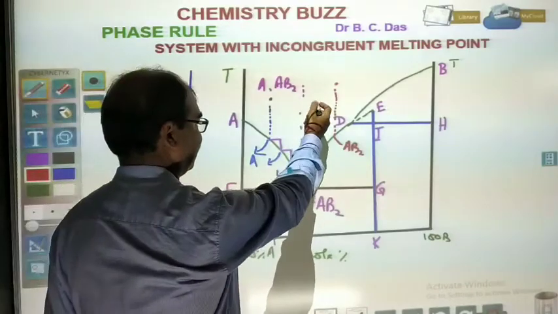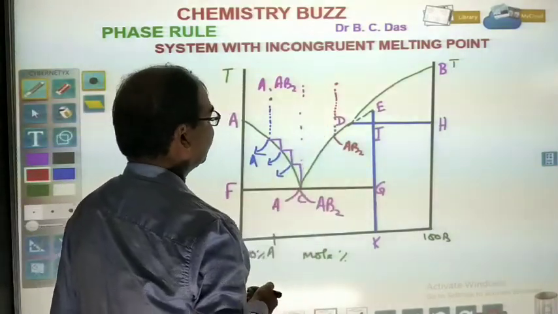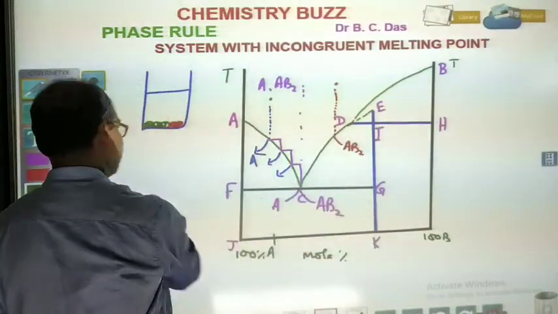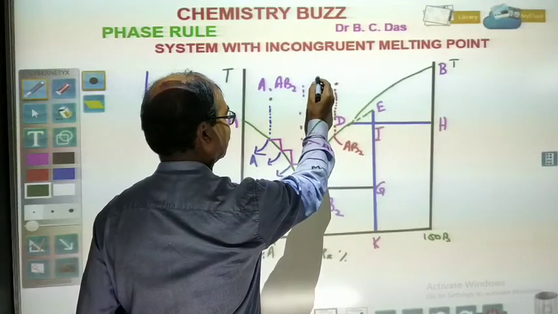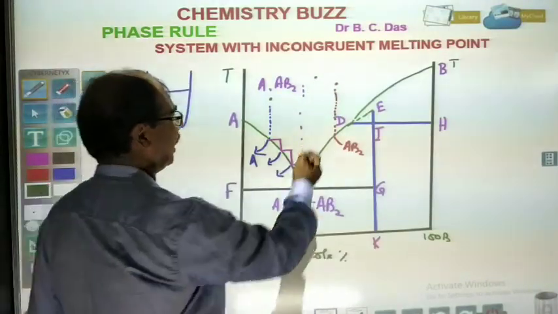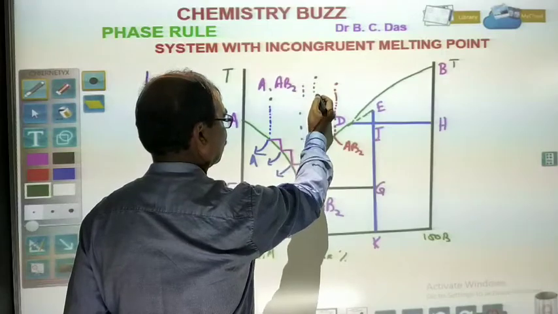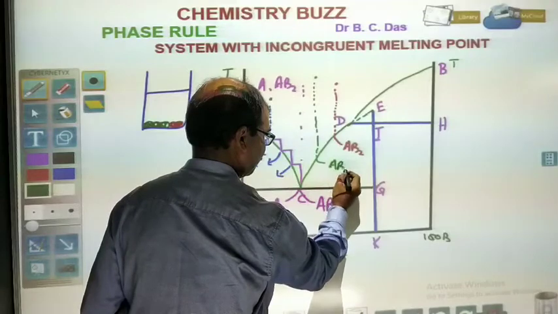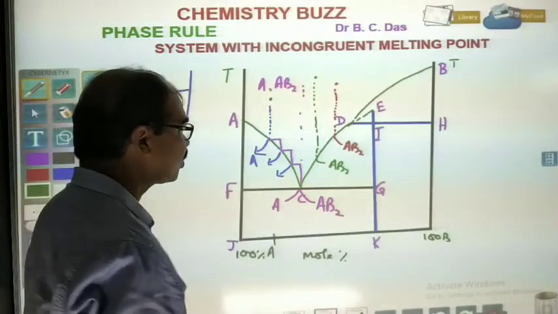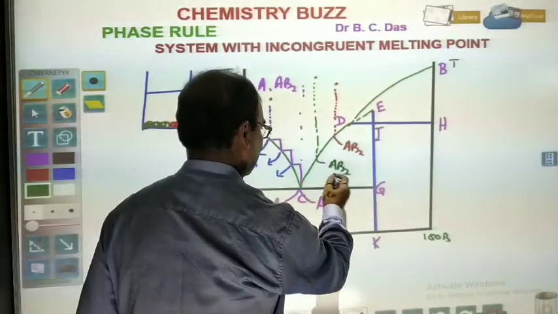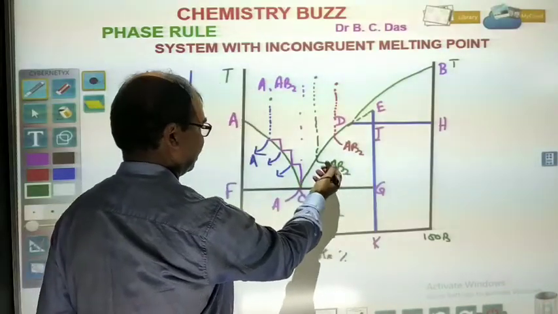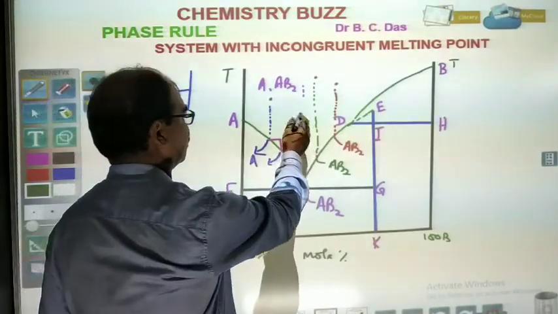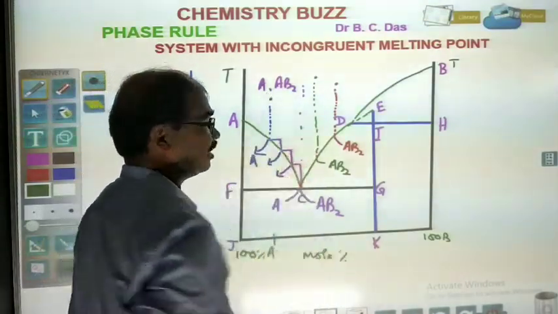If you take another composition, say corresponding to this point, and cool the solution further, here you get AB2, and this solid AB2 is in equilibrium with the melt, whose composition is A and AB2.